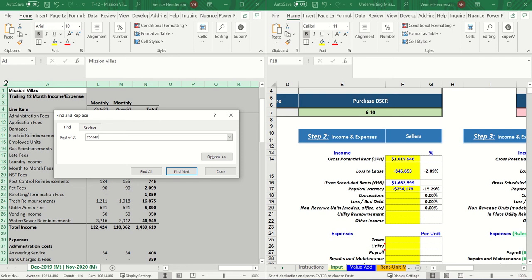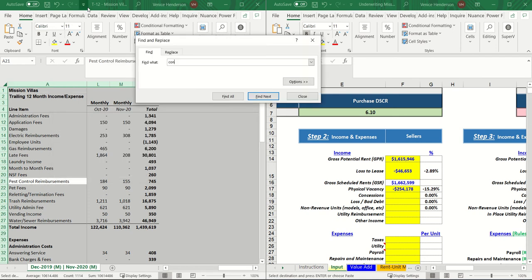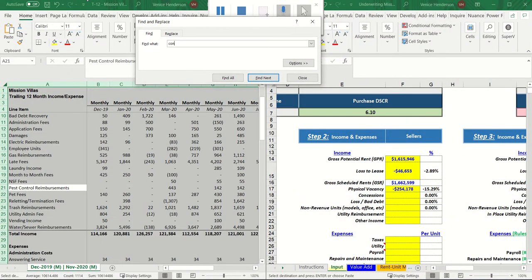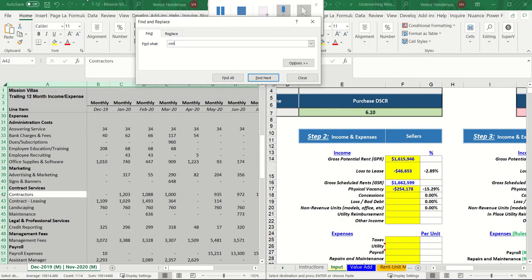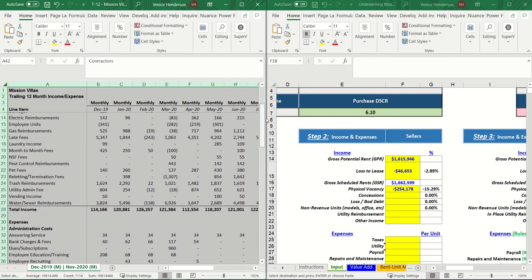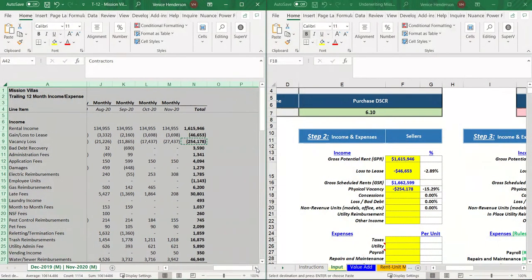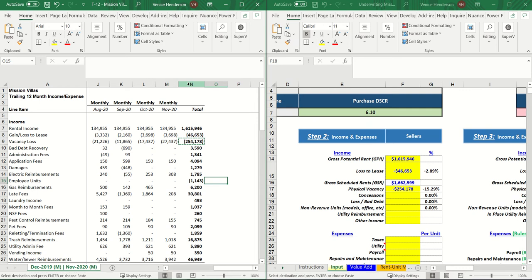I'm going to go back and just type in CON. So I see pest control for the CON, contract services, contractors, pest control, pest control. All right, so I don't see it, just making sure. So I think it's pretty interesting that they don't offer concessions.